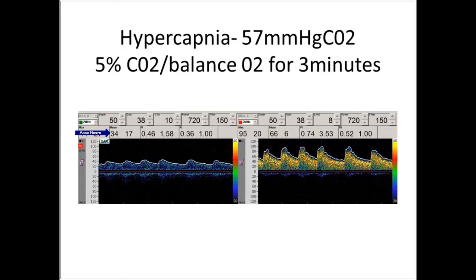Interestingly, though, he went from 35 to 34 in his right MCA, which is what we call a paradoxical effect, because it was supposed to increase like the left side did, which went from 40 to 66. The thought behind this is that this is a steal phenomenon, that the normal side is actually stealing blood from the abnormal side.